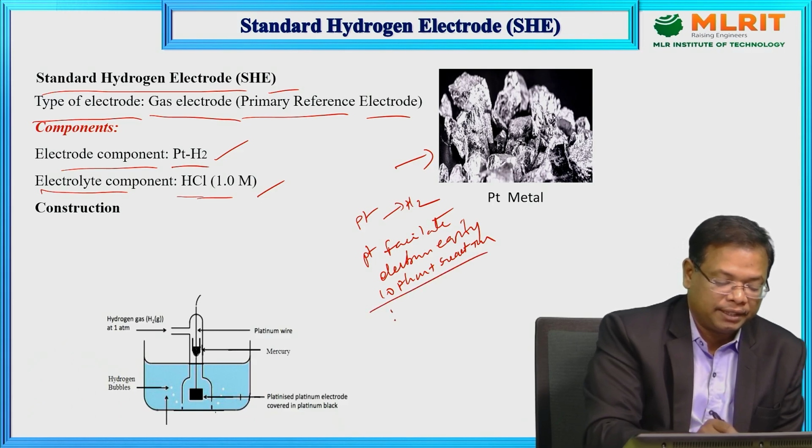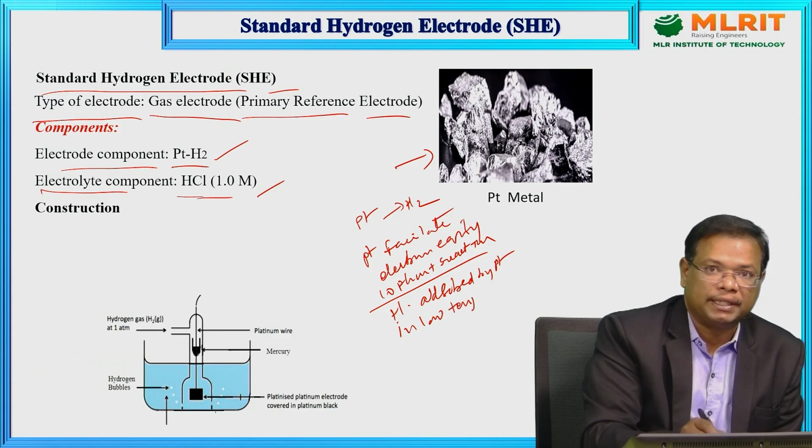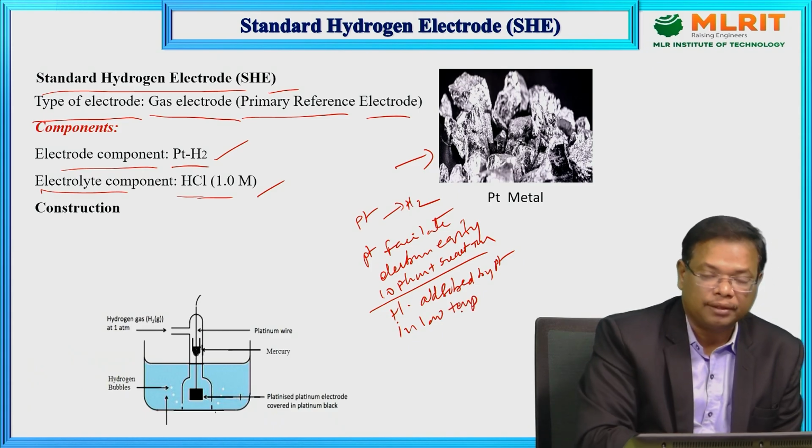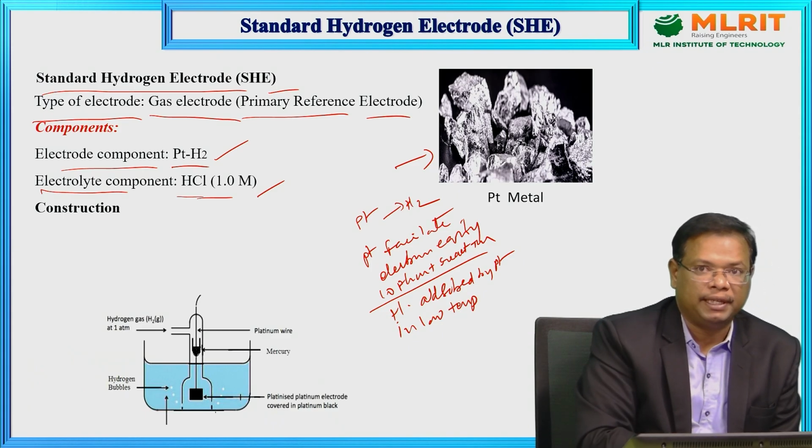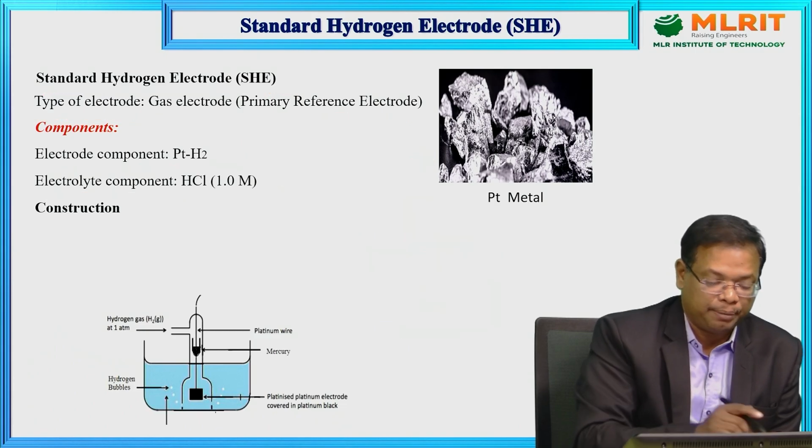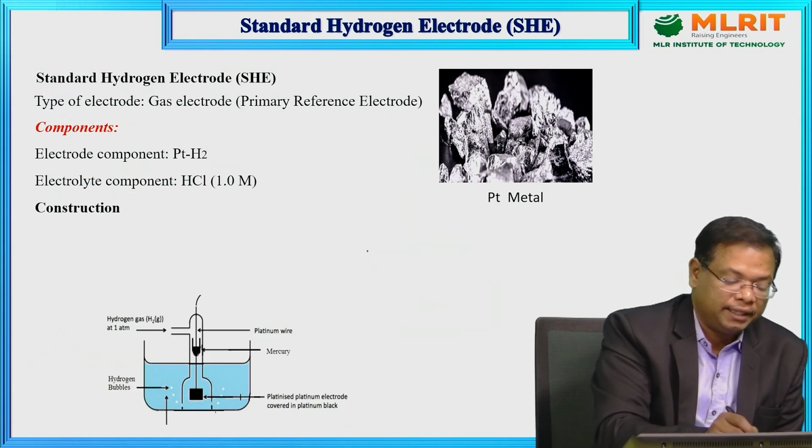Especially, hydrogen is always absorbed by platinum even at low temperatures, and platinum can easily combine H2 and O2 into water.